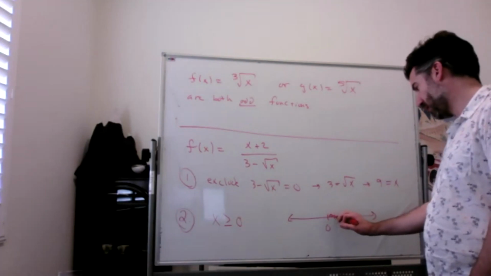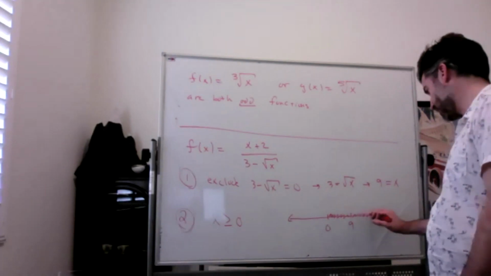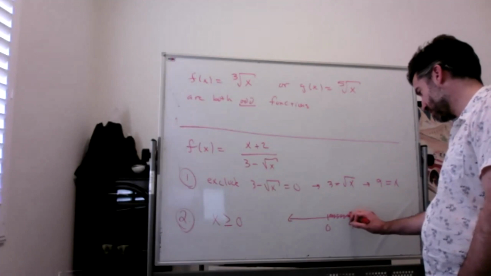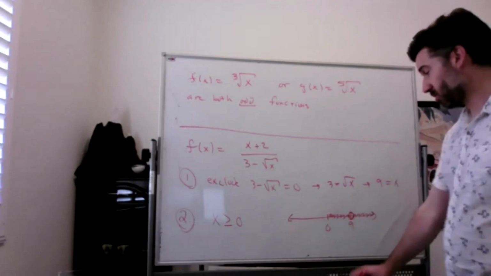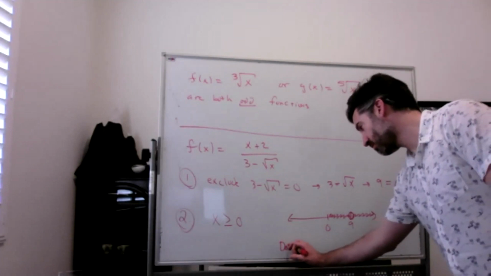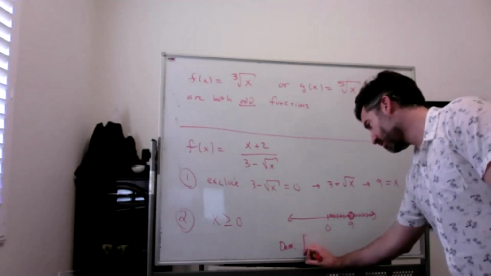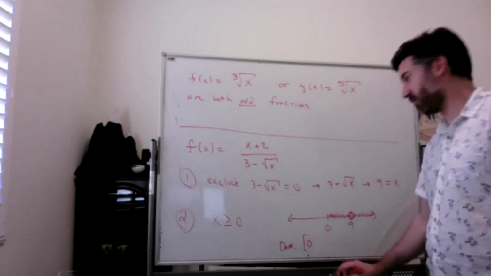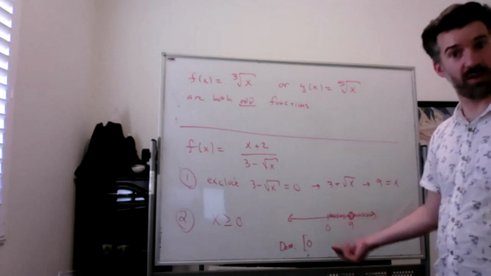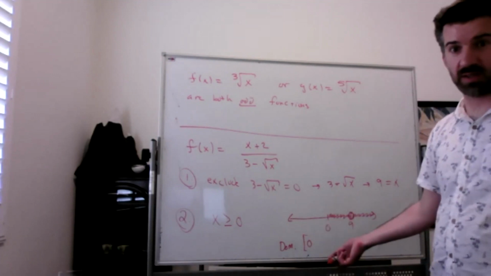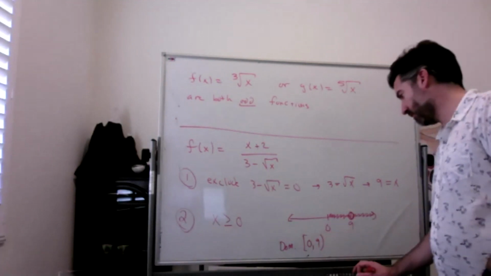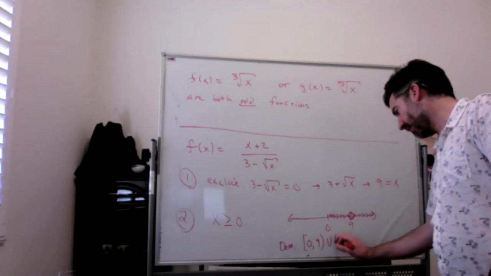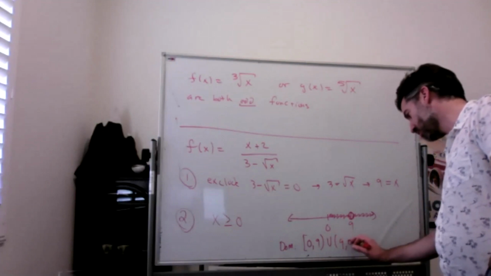So I want all of this and all of this, but I don't want this. And I don't want any of that over there. So here my domain would be 0 inclusive, right? 0 is fine. Square root of 0 is 0. It's a perfectly good number to take the square root of. Up to 9 exclusive. And then everything from 9 to infinity.